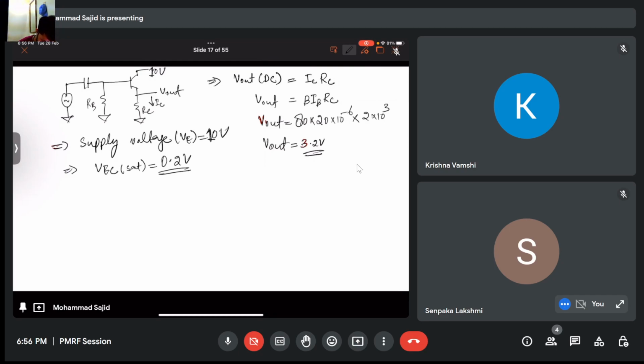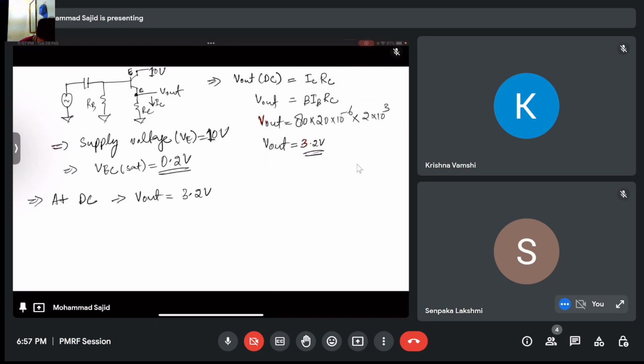So now what does that mean? If I go on increasing this V output, VEC, this is the E node, right? And this is the C node. Let's say at DC, V output is equivalent to 3.2 volt. What is my VEC equal to? Apply KVL in this loop.